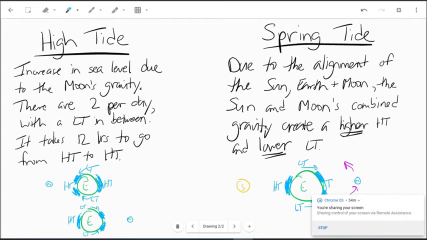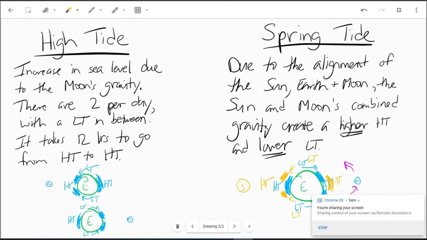Well, the sun would then also be pulling. Oops, I made that yellow. Sun's also pulling a little bit this way, building up over here. High tide, low tide, low tide. So again, the sun.